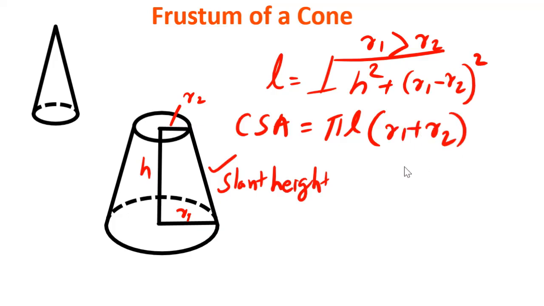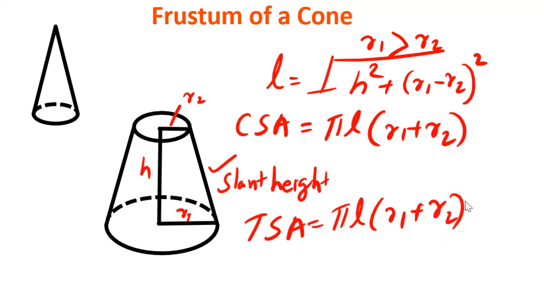Just to remember it easily, I am telling you. If it is a matter of total surface area, where pi R1 square and pi R2 square will be added, naturally the formula will change: the original curved surface area formula will remain, plus pi R1 square plus pi R2 square.